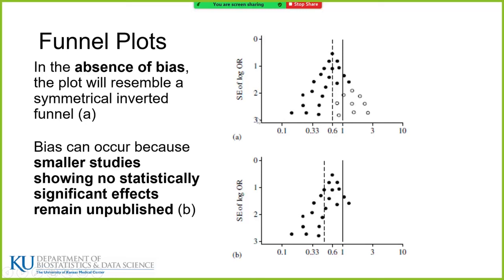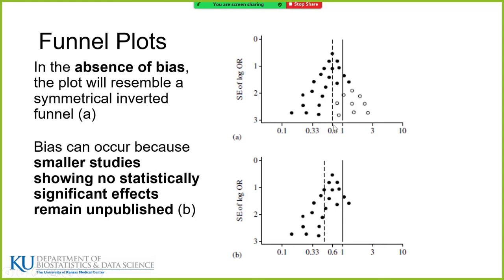Along the y-axis, you have a measure of the impact of sampling error, basically. As we notice, this axis is actually inverted, 0 is at the top. So studies at the top here are studies that are really high quality, large, randomized controlled trials. This top of the funnel is like the highest quality single study that was included in the meta-analysis.